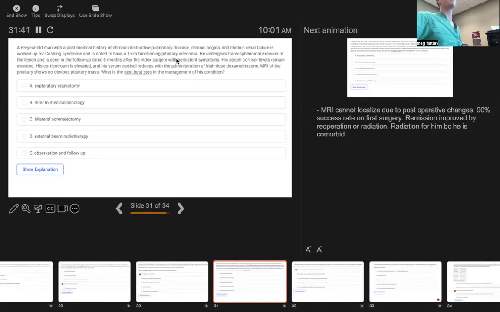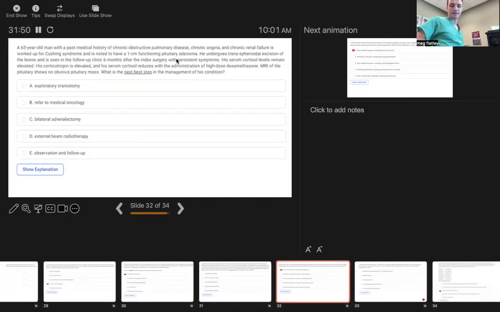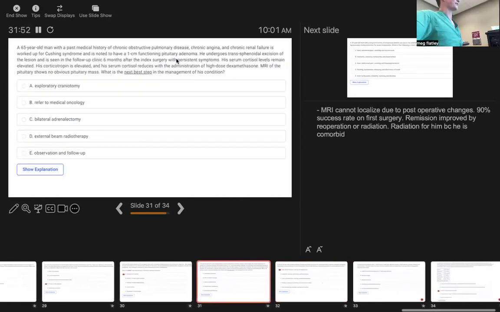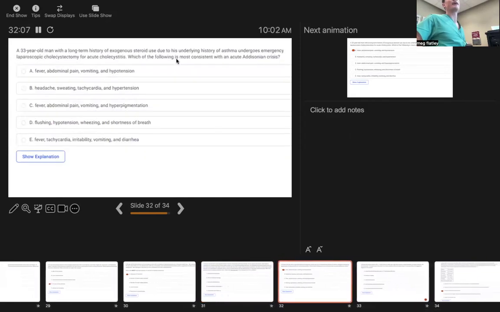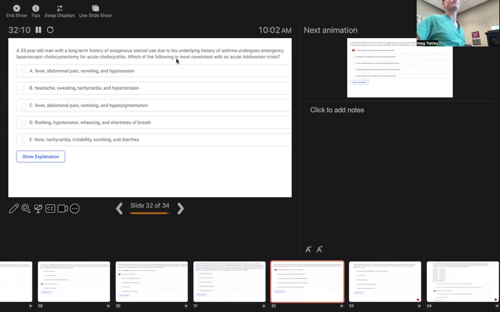This is kind of hard. Sorry, it didn't show up, but that is the right answer. And then the last step on this algorithm, if that doesn't work, you can consider a bilateral adrenalectomy, but that's truly a last case scenario. Yes, basically. Either one, or even recurrence.